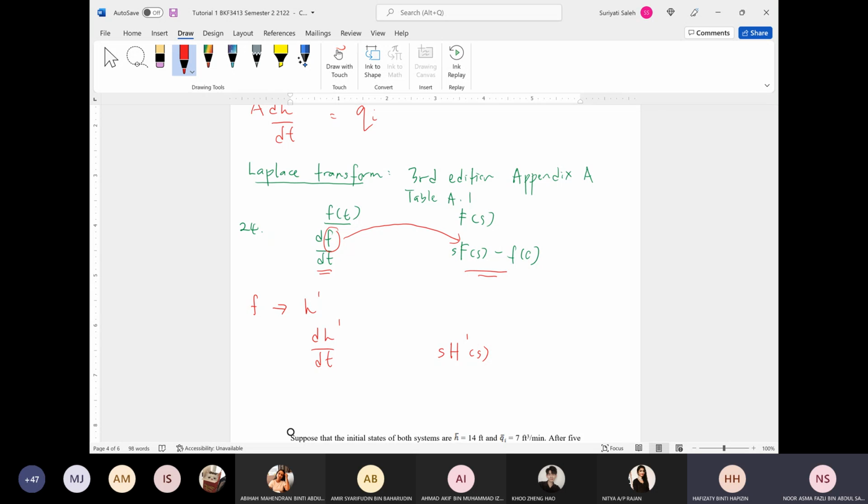Why has the small letter been changed to the capital letter? Normally to indicate it has been Laplace transformed, just to differentiate. Why do I put the prime? Because for f you don't have the prime, but here I just follow the form. Here I imagine the f is my h prime now, so I replace h prime with the f. That's why for the Laplace transform I have s H prime(s), and then minus, the small letter f becomes h prime(0).